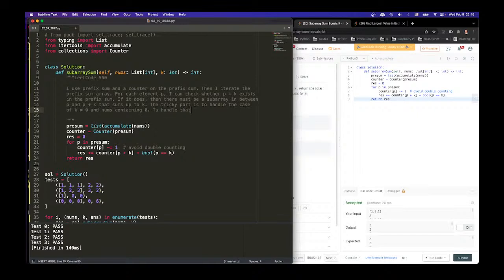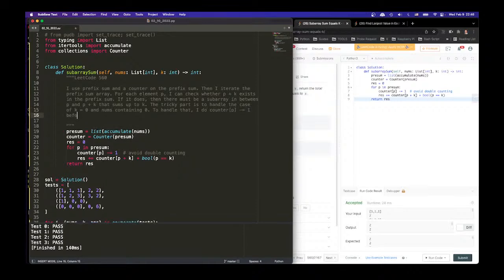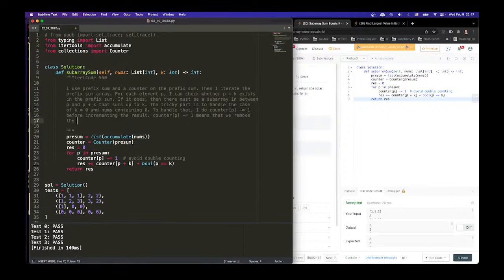To handle that, I do counter p minus equal 1 before incrementing the result. So counter p minus equal 1 means that we remove the current position from consideration.